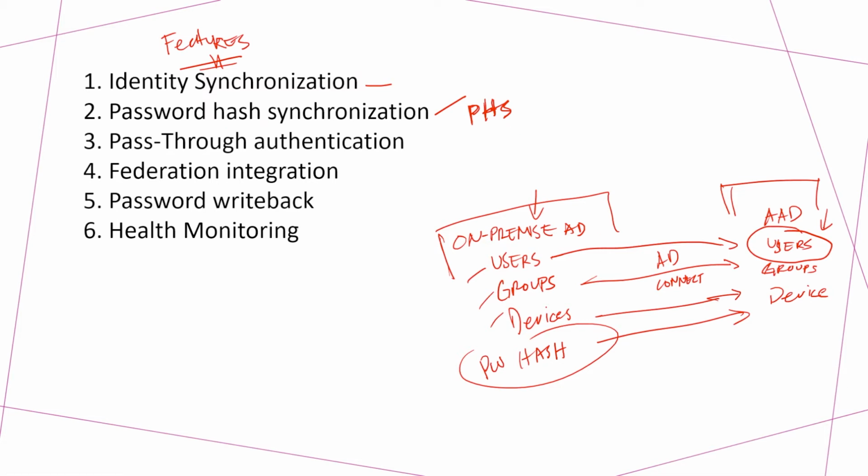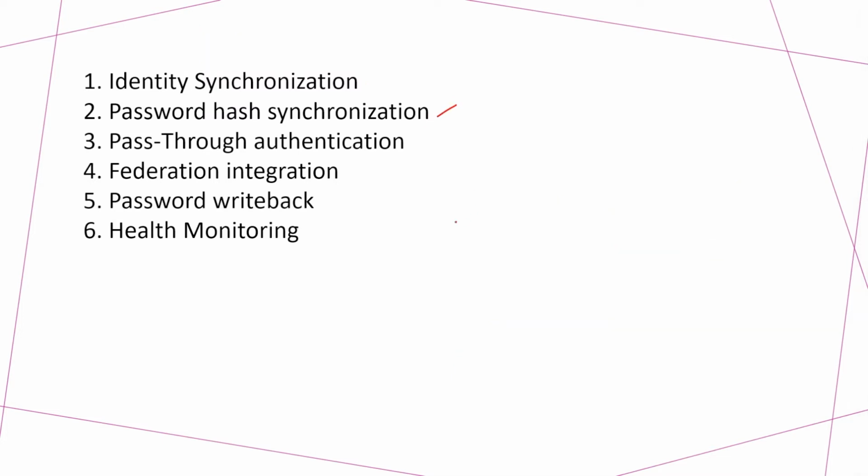Now, how does it work actually? Let me just clear the screen here. How does the password hash sync work? So let's draw here. Let's say this is your AD on-prem, and this is your Azure AD Connect.